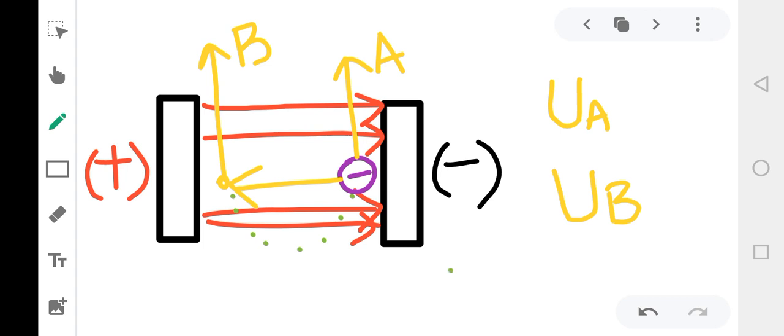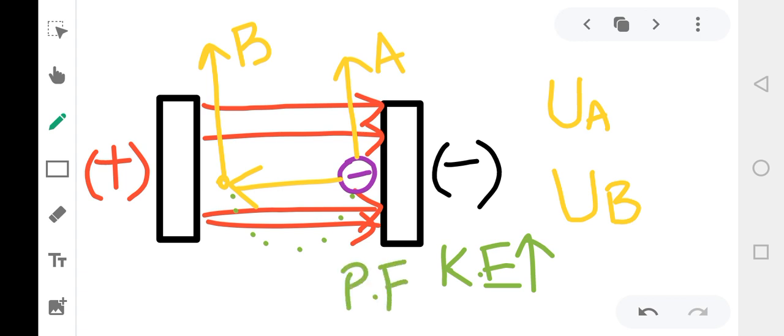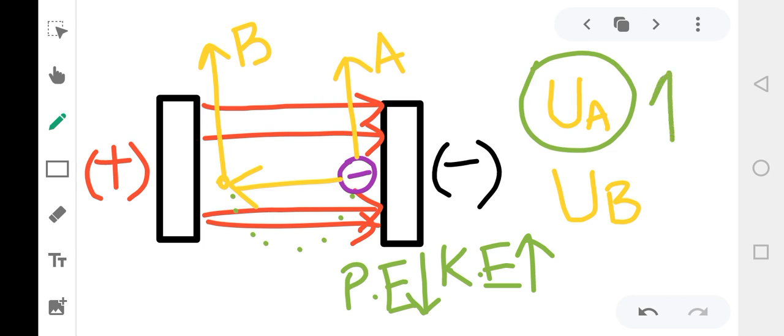The kinetic energy of this charge will increase, and we know that according to the law of conservation of energy, if kinetic energy increases, the potential energy of this charge will decrease. So at UA it will have high energy. At point A the potential energy will be larger, whereas at point B, UB will be lesser.